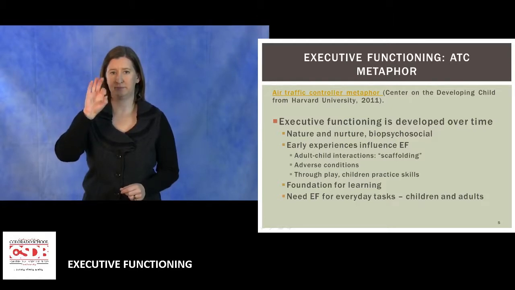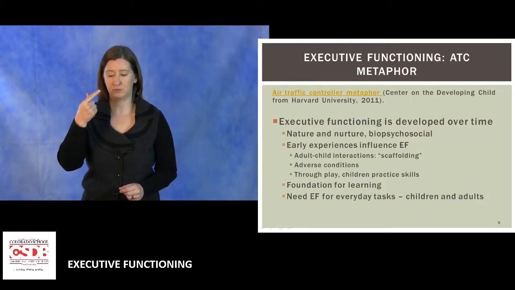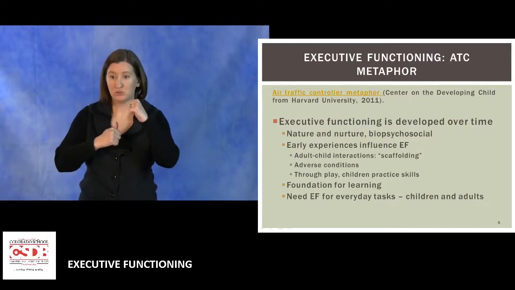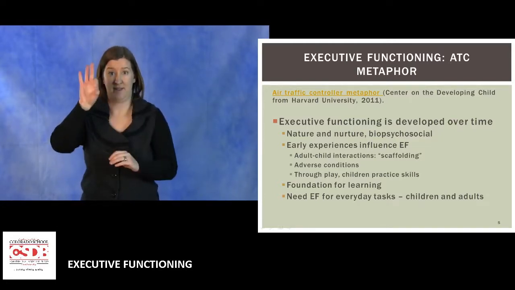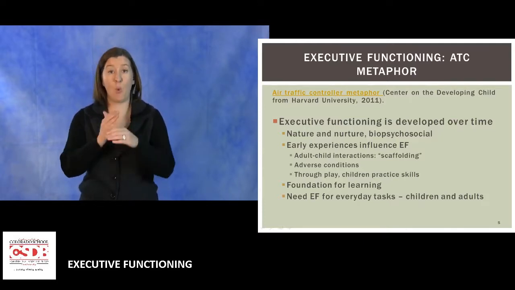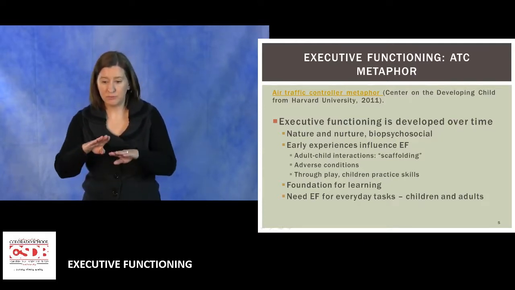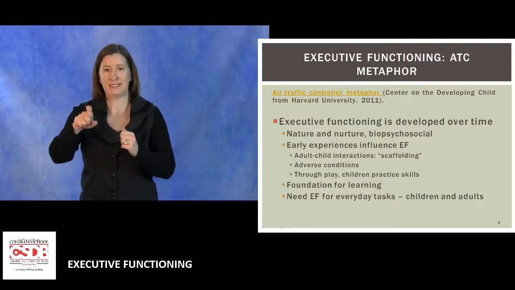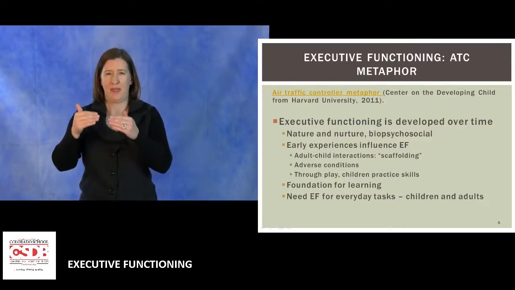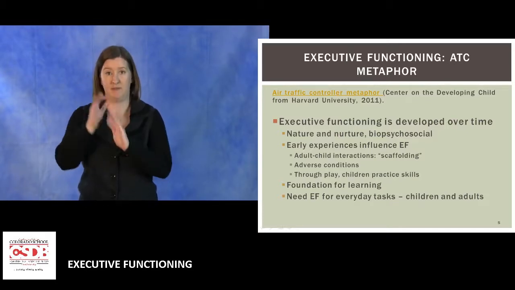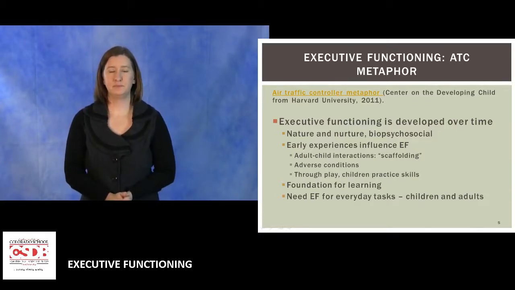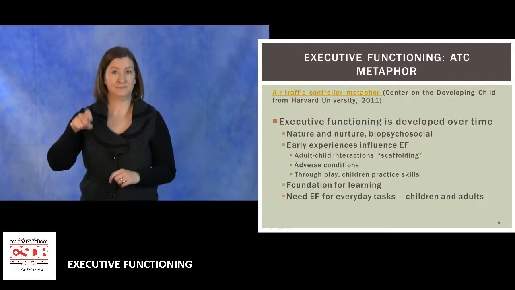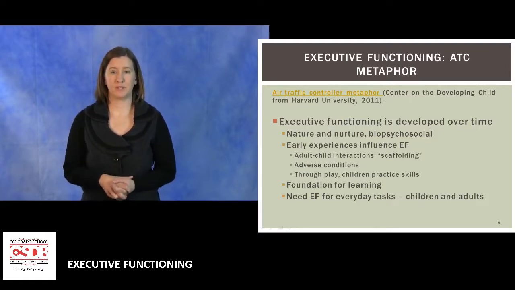That's called scaffolding. So the adult gives the child some structure in order to develop those EF skills. Over time, as the child grows, they may not need the structure anymore, so the parent has to kind of back away and let the child develop those EF skills on their own. The adult has to be sensitive to the child's needs.